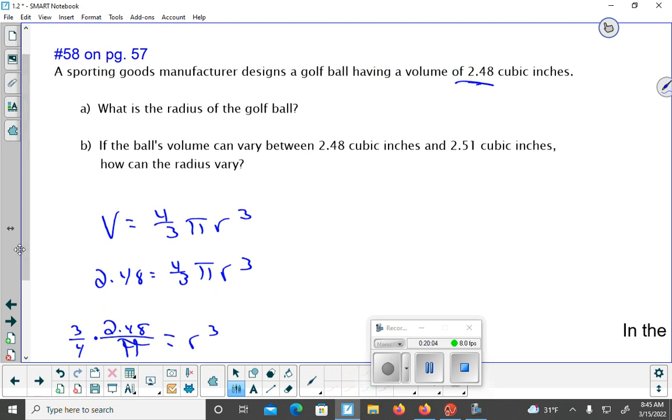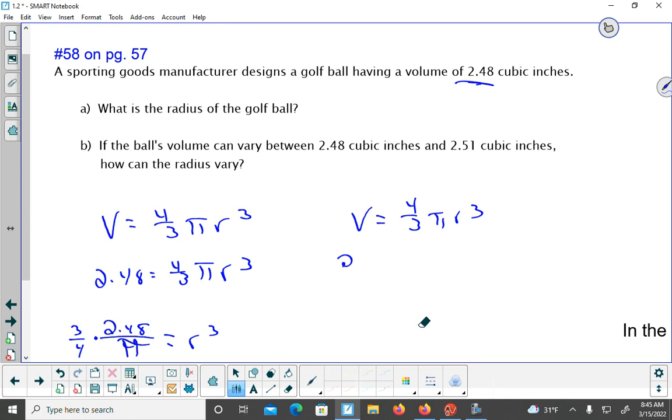Then part B says if the ball's volume can vary between 2.48, which would be the lowest volume, and 2.51, which would be the highest volume, how can the radius vary? So my volume is still equal to 4/3 pi r cubed. Now I'm going to set that equal to 2.51. So I'm going to divide 2.51 by pi, multiply by the reciprocal, 3/4, and that's going to be r cubed.